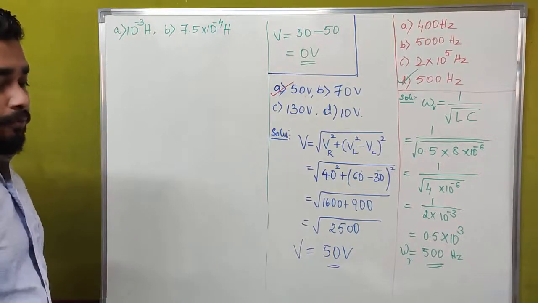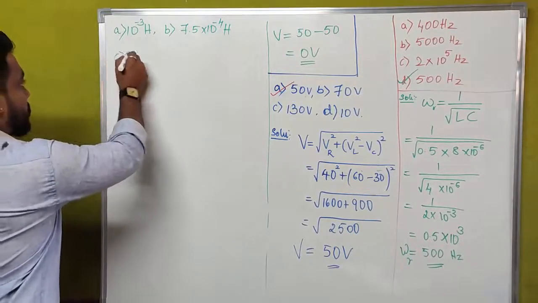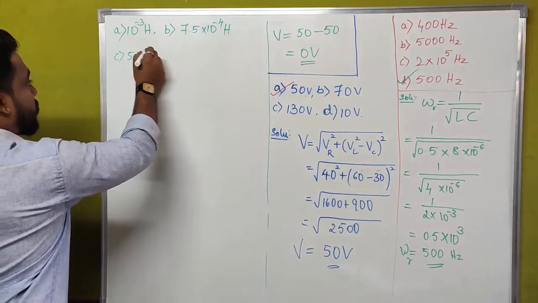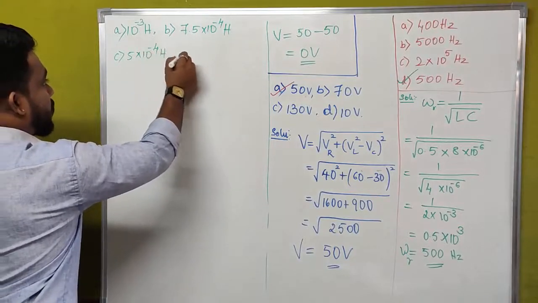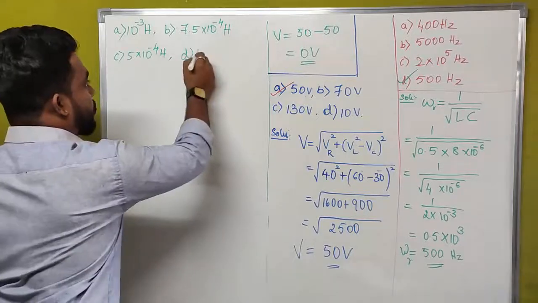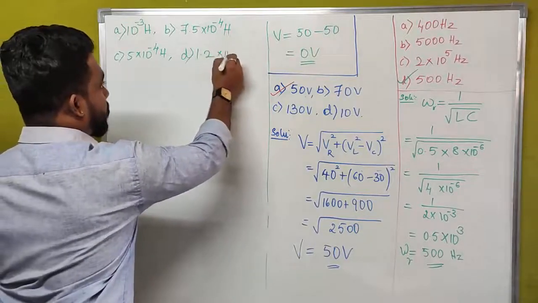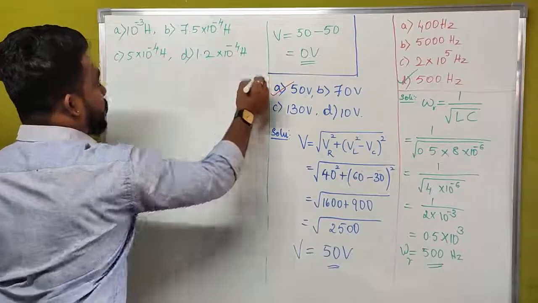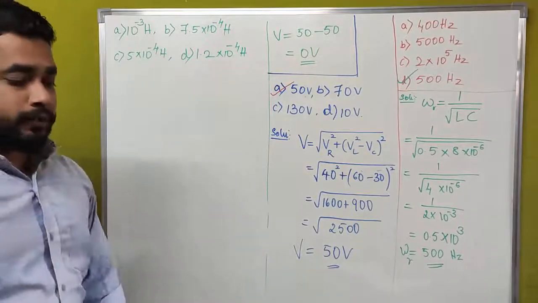Option C is 5 into 10 to the power of minus 4 Henry. And option D is 1.2 into 10 to the power of minus 4 Henry.